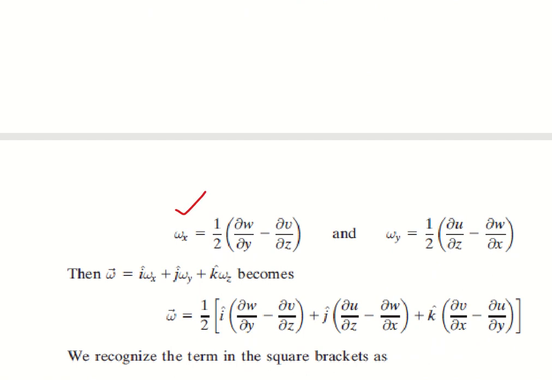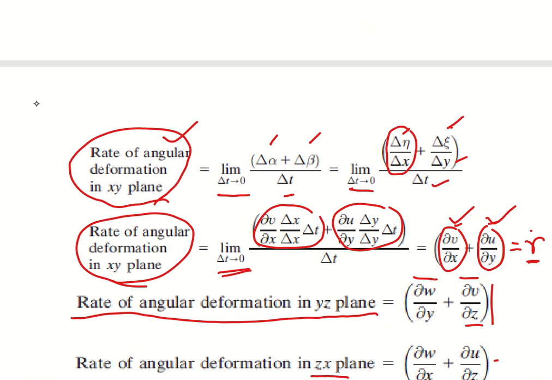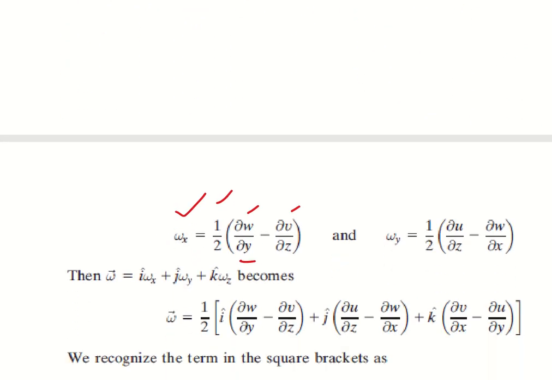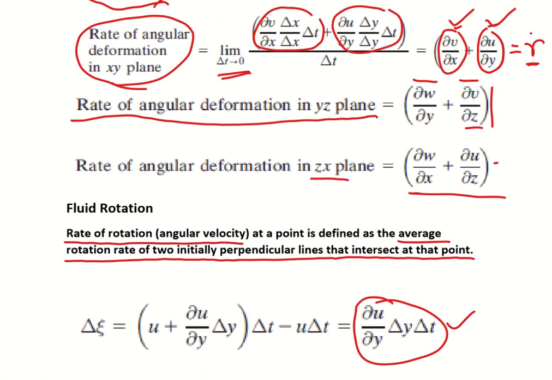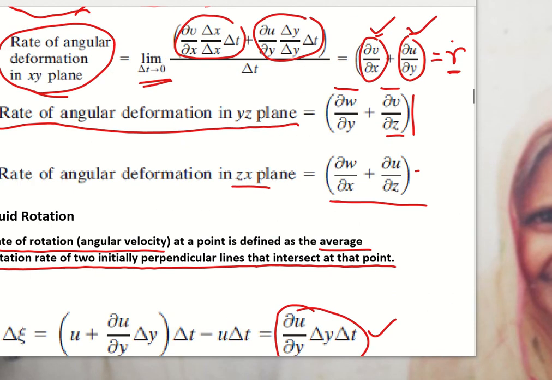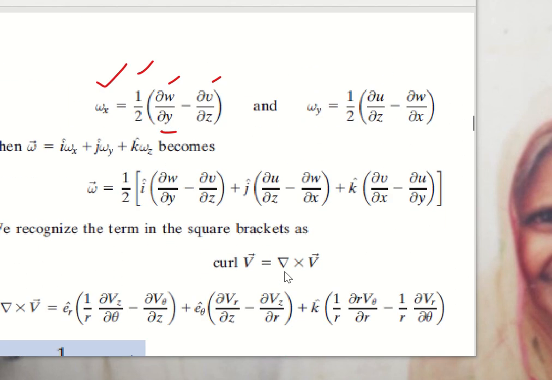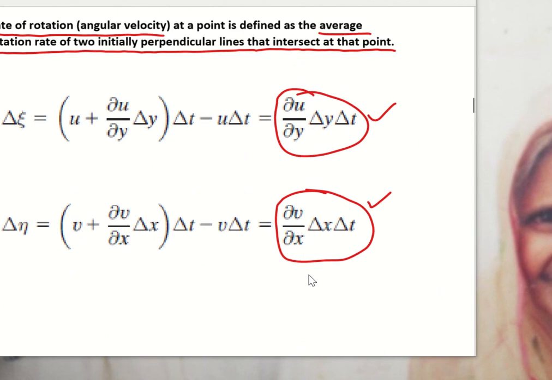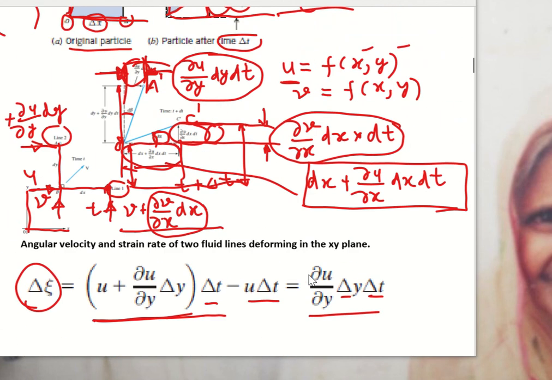So omega x, the rate of rotation in a plane, is equal to one half, as per the definition, of del W over del Y minus del V over del Z. Now I am writing omega z.